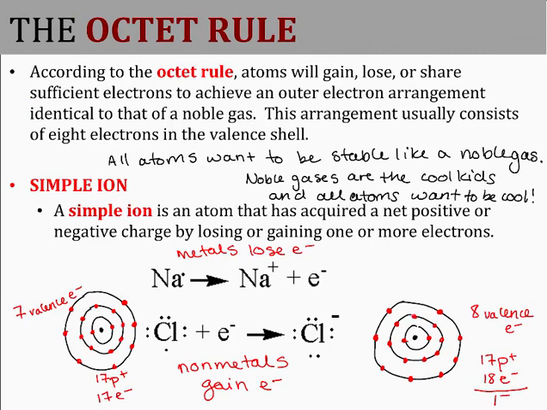So chlorine with 7 valence electrons is going to gain 1 more electron, and then it becomes like a noble gas with 8 electrons. However, the balance between protons and electrons is thrown off. So now we have 1 extra electron, which means we have an extra negative charge. So we're going to show that up above.